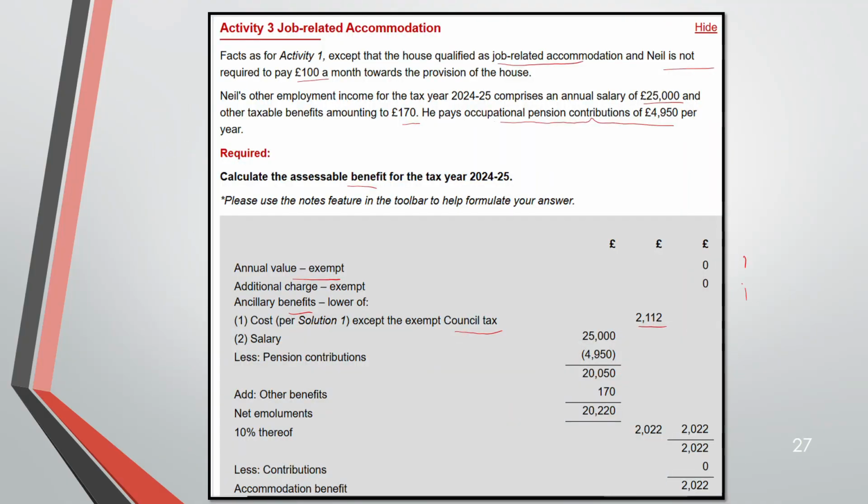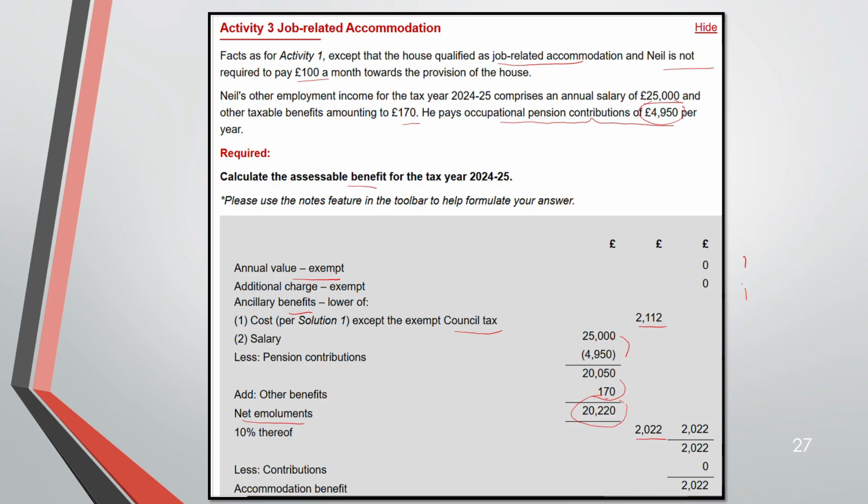So now, salary. Remember, salary we have to take, and from salary we have to deduct the pension contribution. This is an allowable expense we have to deduct. So salary we deduct, and then other benefits we add. This is your net. This you have to calculate. Net emoluments. Take 10% of it.